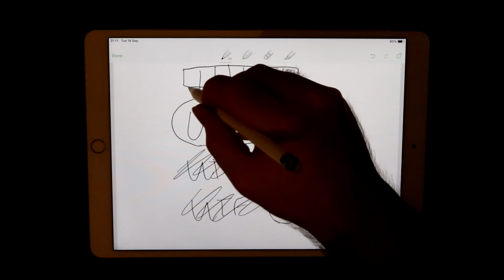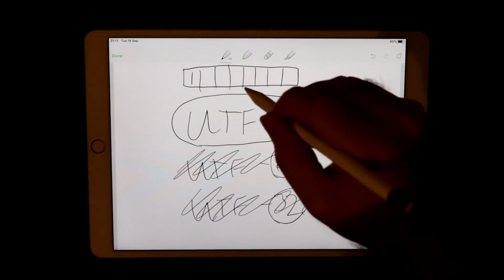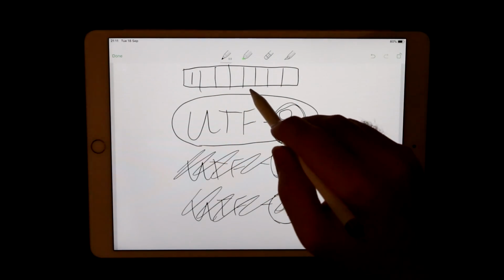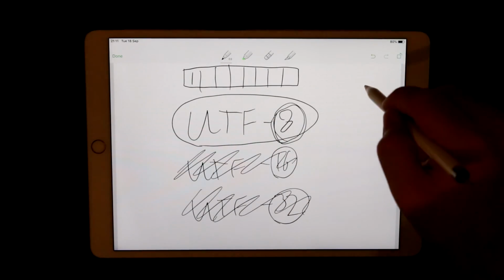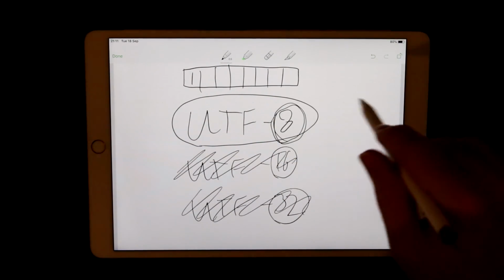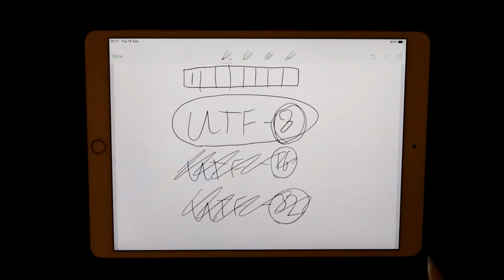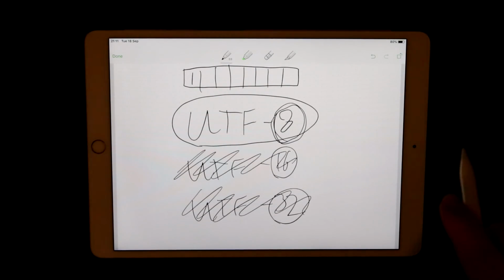if the most significant bit is a 1, it will assume that it must also read the next byte to determine what the character is, and this ends up being what's called a variable length encoding. And you can represent an arbitrarily large number of characters with it, which I think is part of the reason it has won out over the other standards.